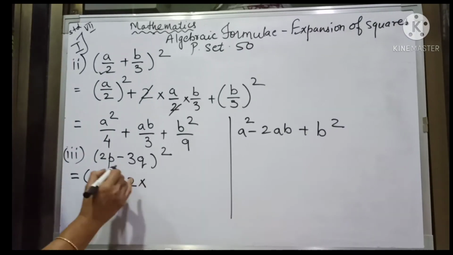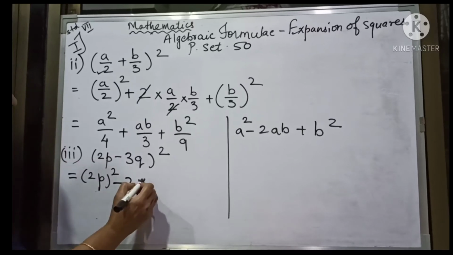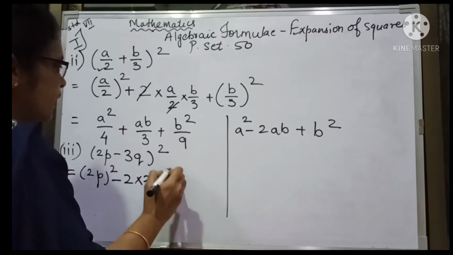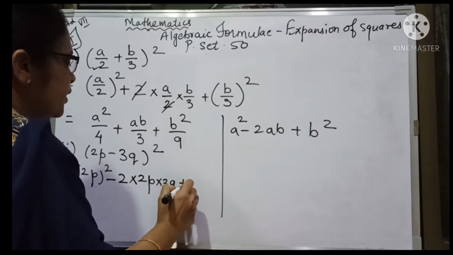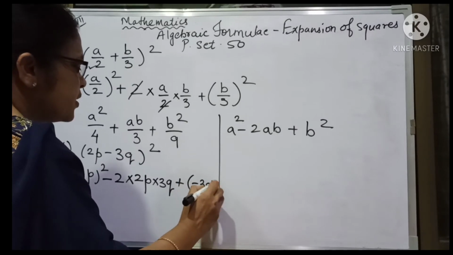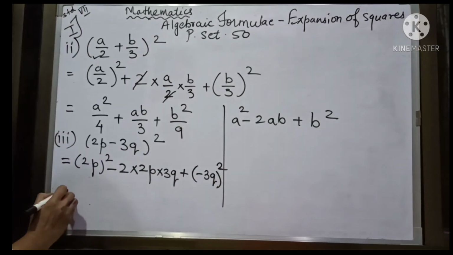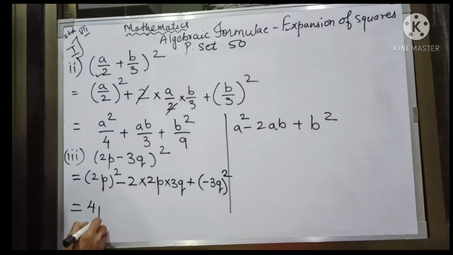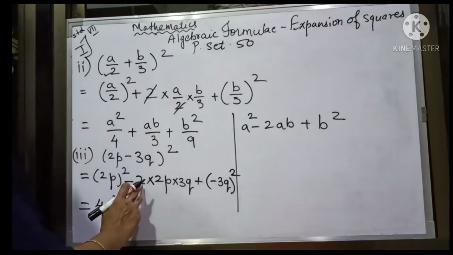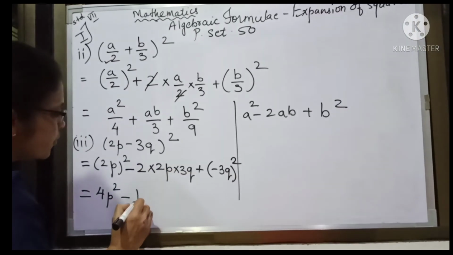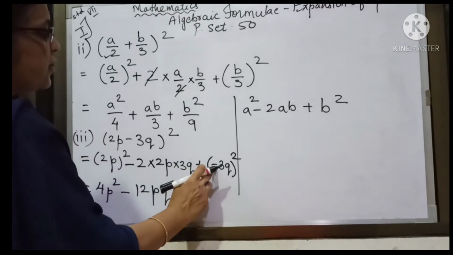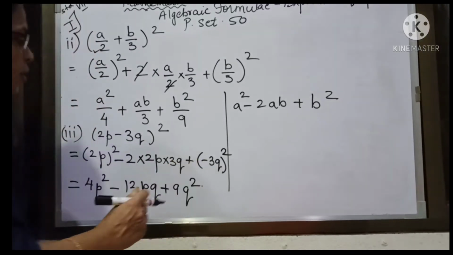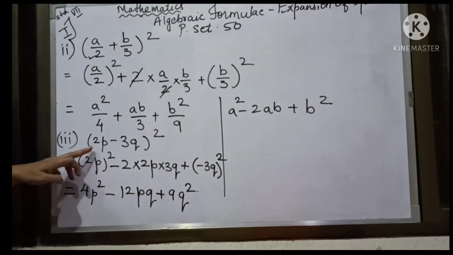Then 2 into first term, first term is 2p, into second term 3q, plus (minus 3q) whole square. Now here find out the square of 2p. The square of 2p is 4p square, minus 2 into 2 is 4, into 3 is 12, 12pq, plus, minus 3 into minus 3 will become plus 9q square. So this is the expanded form of this binomial.